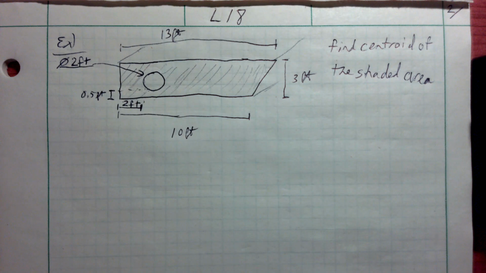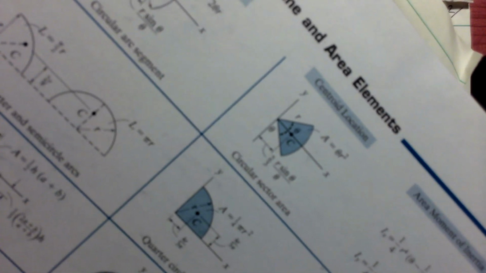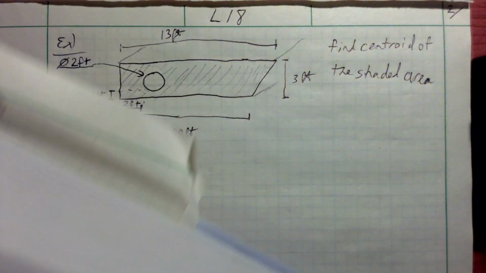Now, if you didn't know, if you look at the back inside cover of your textbook, most textbooks have got different shapes, and I can't do this very well without changing the angle of my camera.